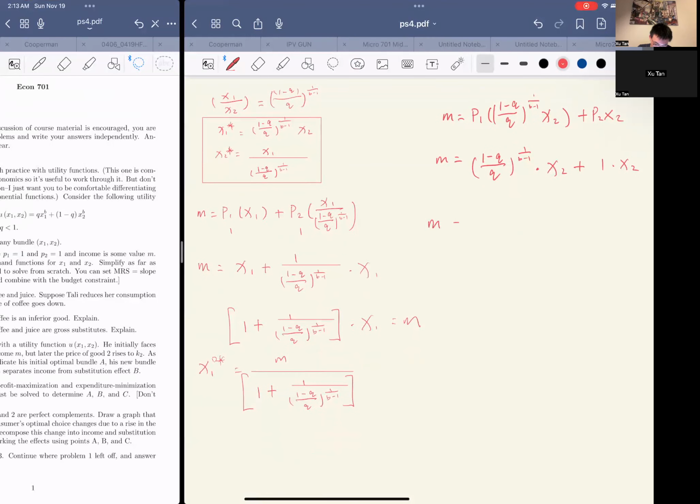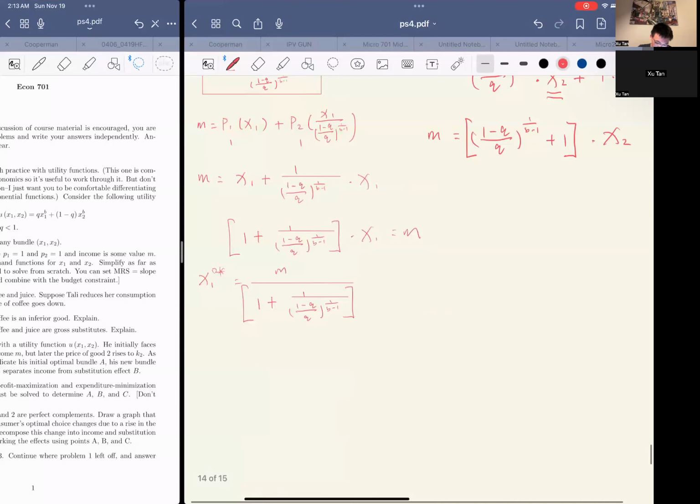So what we have is that term plus 1, times x2. We have x2 on both sides and we simplify it, and we get the demand for x2 equals m divided by that whole term.